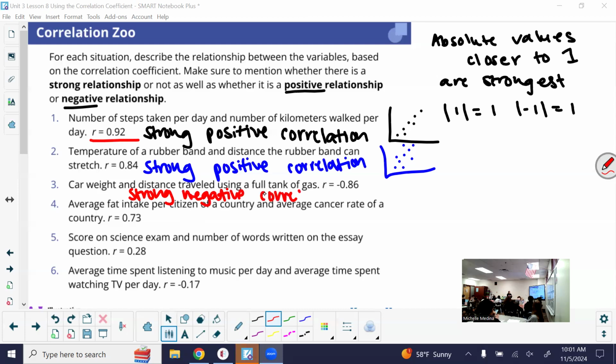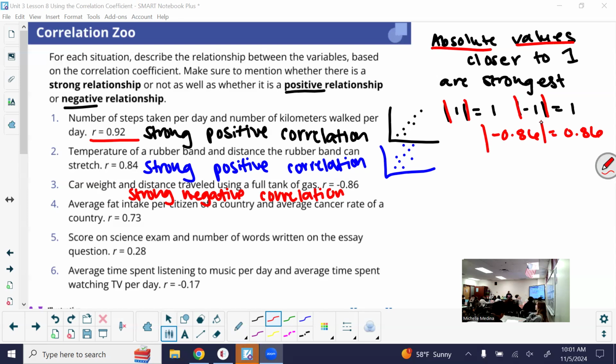Now, if you said weak, make sure you understand what we mean: the absolute value of the number. That's basically ignoring the fact that it is negative. Would that absolute value be close to 1? The absolute value of negative 0.86 is what? 0.86, that's pretty close to 1. So yeah, and that would go down from left to right, but be mostly linear.